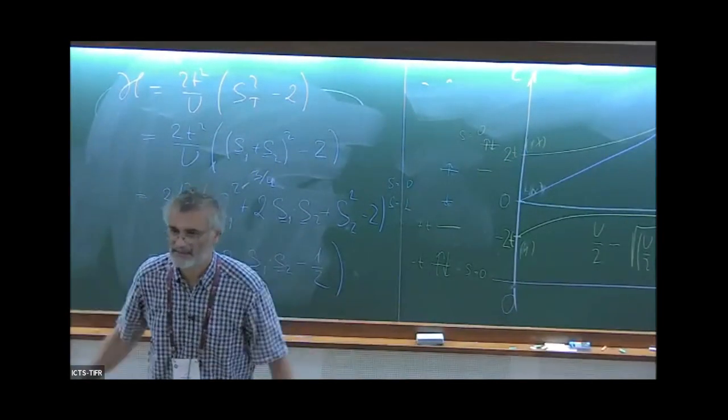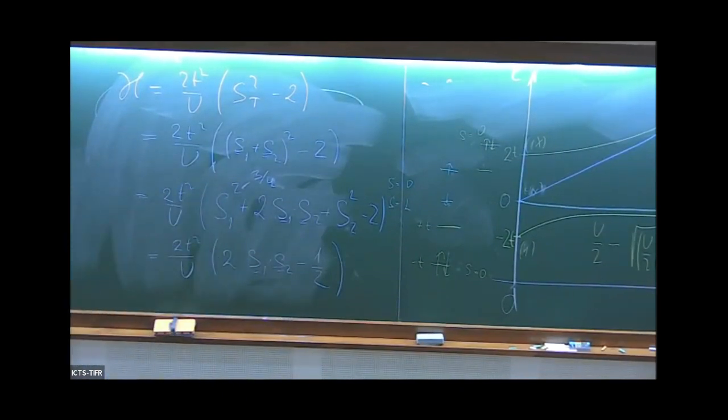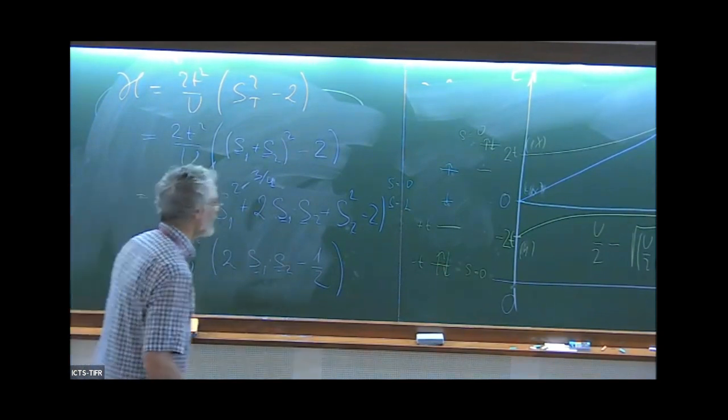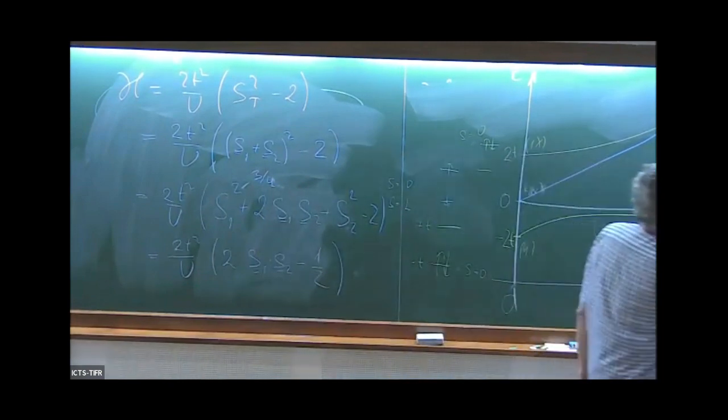What happens if the lattice is more complicated? What can happen in that case is that maybe we don't stop at the second order perturbation theory, but we do something else.